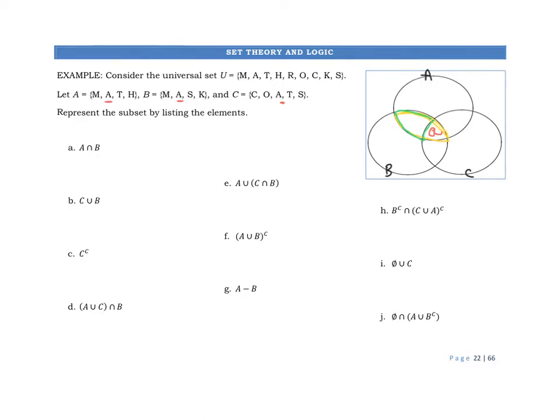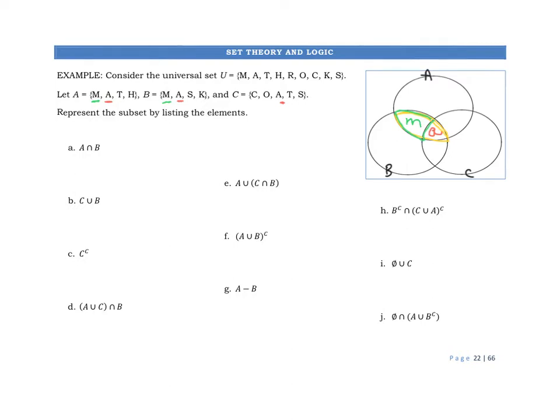Or we could say they're in sets A and B, but not C. So what elements would fall in that category? Well, it looks like m is in set A and B, but it's not in C. How about the t? No, there's no t in set B. How about the h? Nothing there.